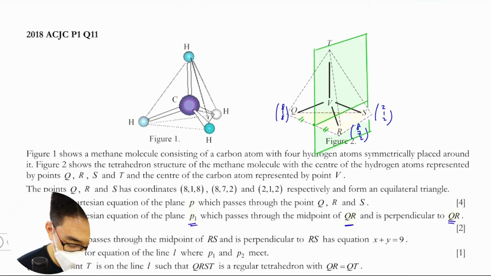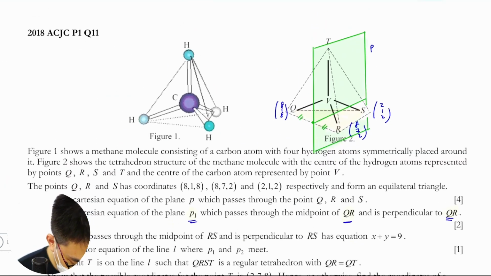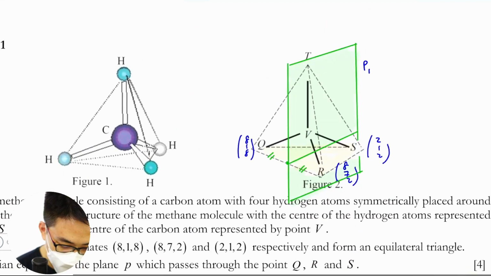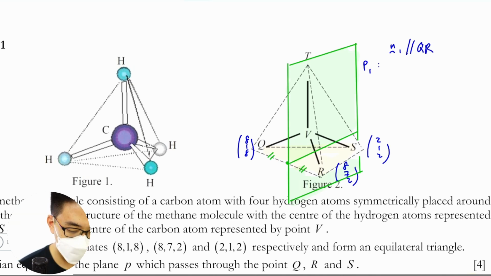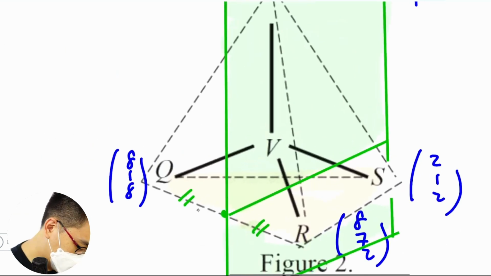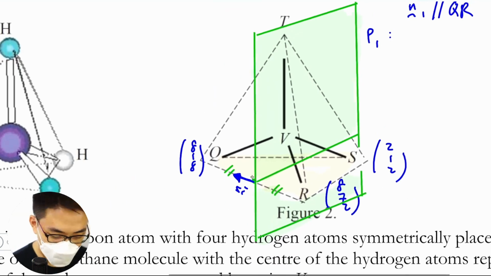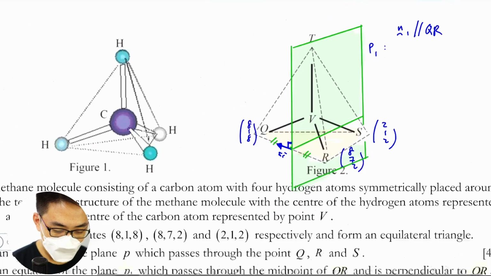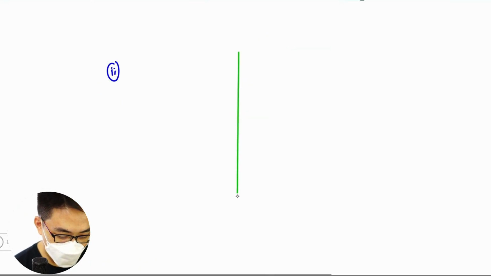So this is P2, and this is P1. The normal of P1 is actually parallel to QR. The normal of P1 is just this one here. If you want to simplify the question, you just put a line QR here.